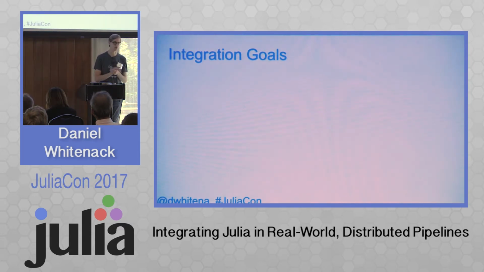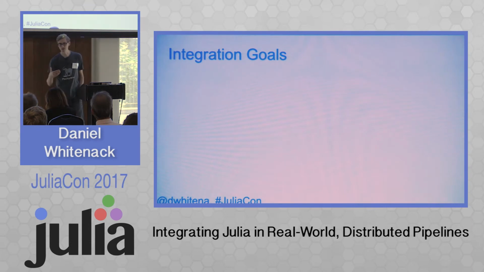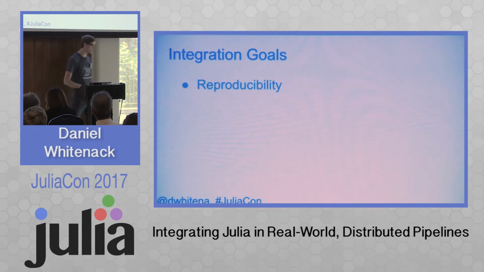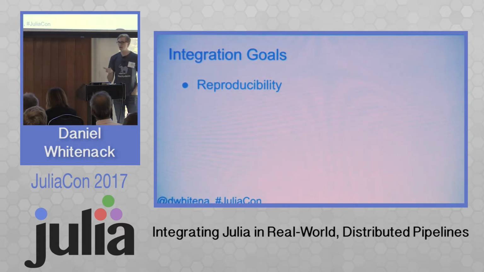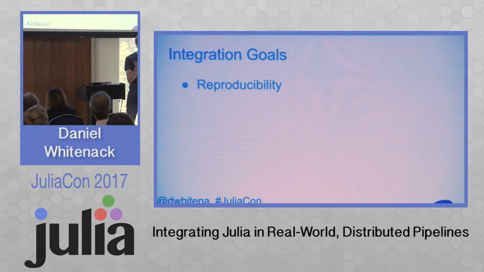I promise we're getting to the hands-on stuff soon. I just want to lay out some initial goals that we're going to try to accomplish in this process. Based on those challenges that we just saw, the first goal is around reproducibility. This basically means in this context that for any stage of our processing, we should be able to input the same input data into that stage, and at least produce results that occur also within the expected set of results for that stage.